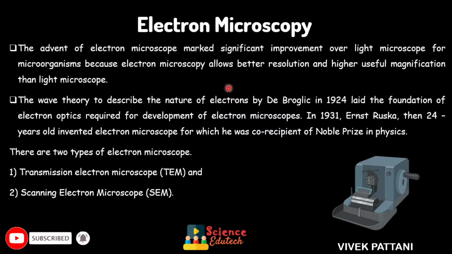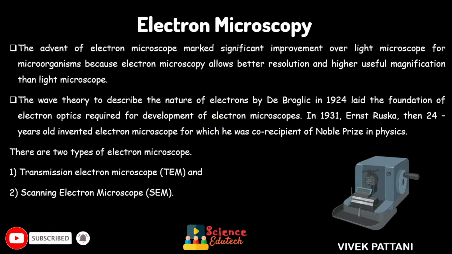The wave theory to describe the nature of electrons was given by de Broglie in 1924, which laid the foundation of electron optics required for the development of electron microscopes.